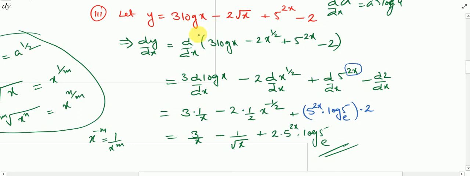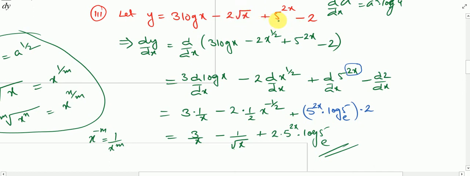This question also you could have just done in one line. Because here I can see 3 log x, so I know this will give me 3 upon x. Here minus 2, this you have to do in your mind. Root x can be written x to the power half, then half will come outside, then half has to be subtracted by 1, so you can get this also.